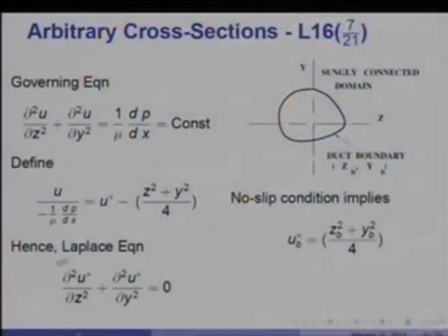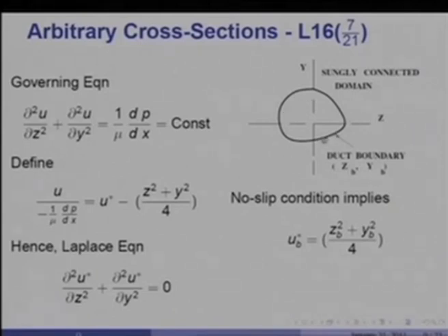So, consider for example, a duct of arbitrary cross section and the coordinates of the boundary z_b, y_b are known. The flow is in the x direction, that is into the plane of your screen, and the only requirement is that the domain must be singly connected.